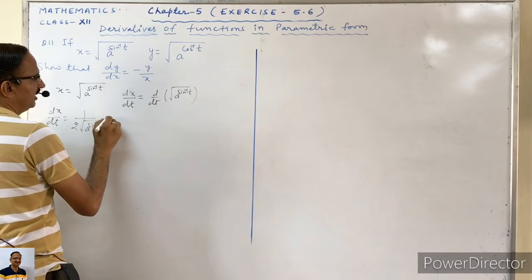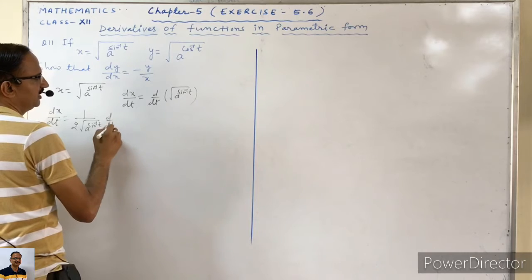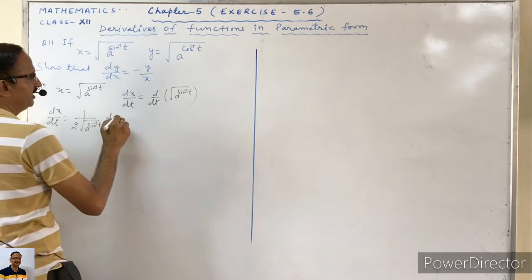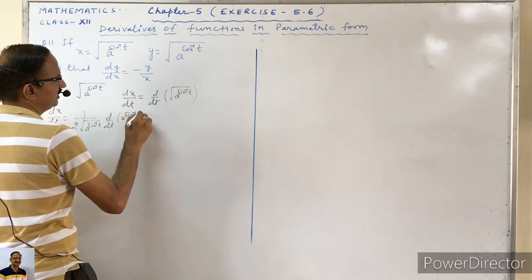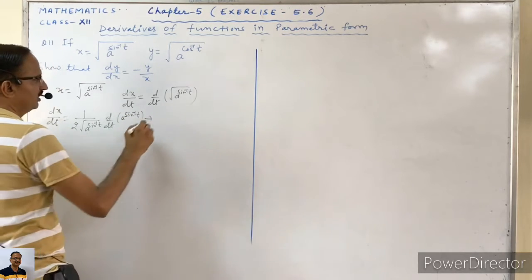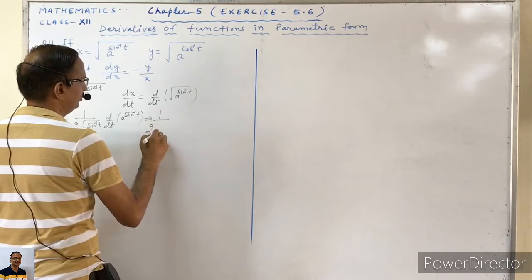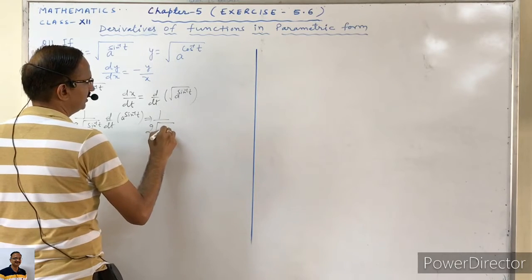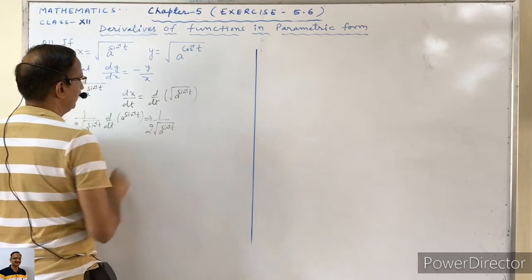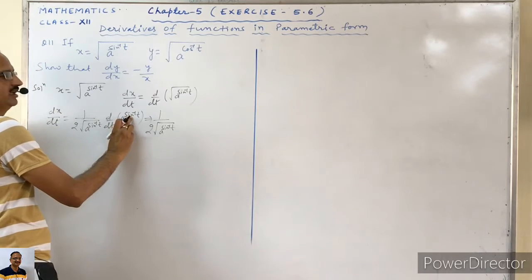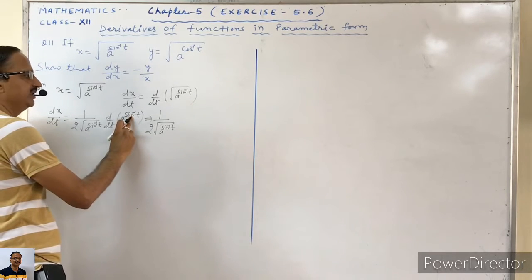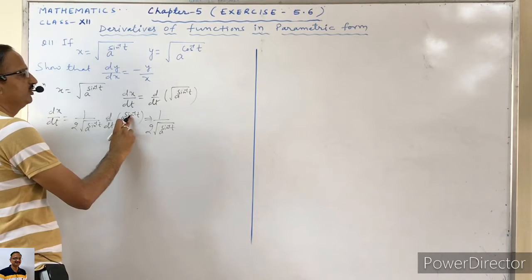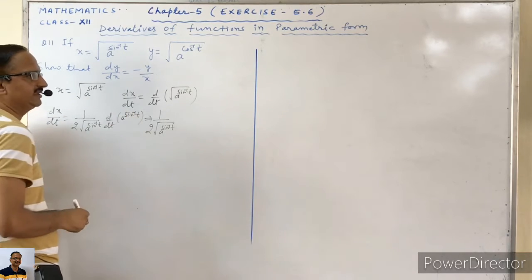So we will write the derivative of this in the product, means a raised to power sine inverse t. So this is 1 upon 2 root a raised to power sine inverse t. Now again this is not t, so we will assume this sine inverse t as t.